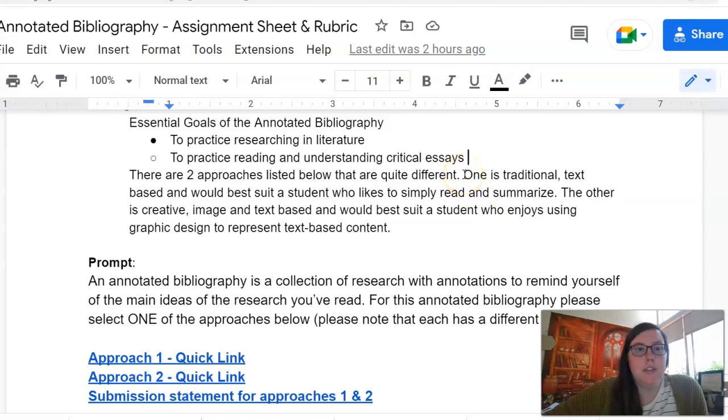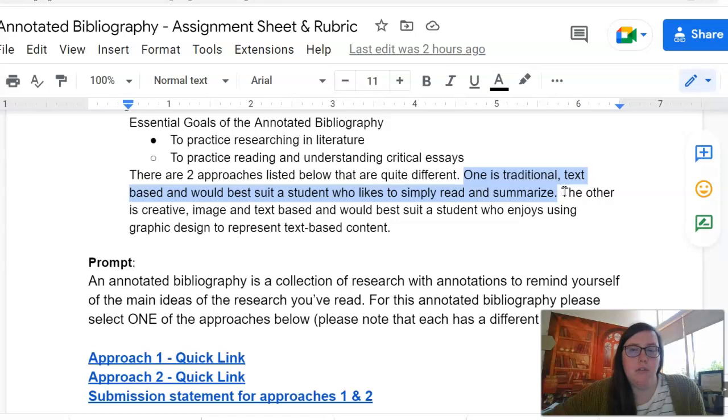The first is a traditional text-based annotated bibliography, and it would suit a student who just kind of likes to read and offer summaries and maybe isn't really all that into more creative projects and wants to just go a traditional route. The other option is creative. It's image and text-based, and it would best suit a student who enjoys using graphic design to represent text-based content.